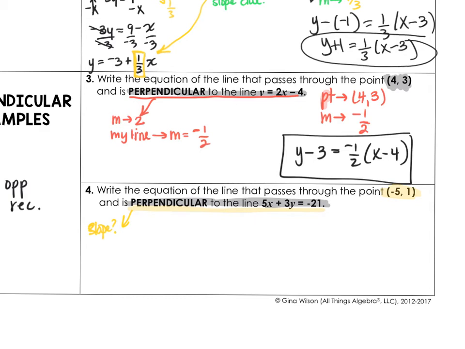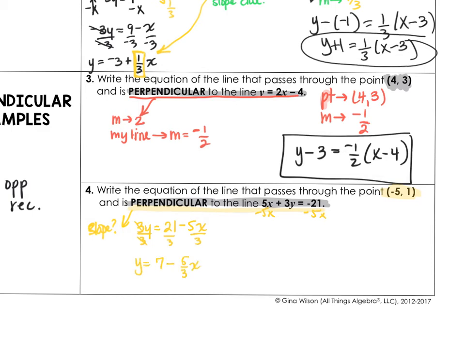Let's get it out of standard form. So I'm going to start by subtracting 5x from both sides. That gives me 3y is equal to 21 minus 5x. Divide by 3 everywhere, and I have y is equal to 7 minus 5/3 x.